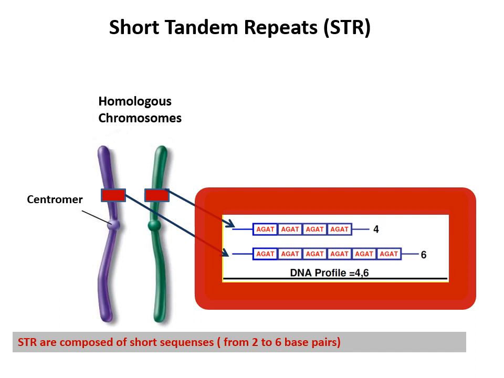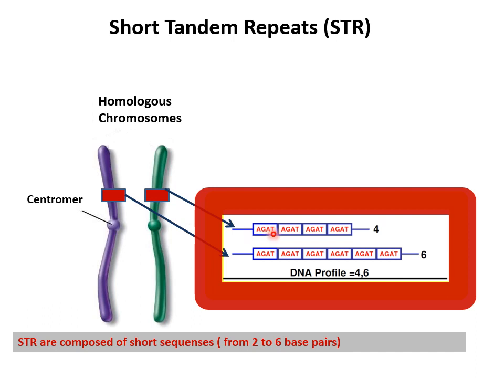On our chromosomes, in particular locations, there are sequences which are repeating, and they are called short tandem repeats, STRs as a shortcut. STRs are composed of short repeating sequences, which can be from 2 to 6 or 7 base pairs. And here you have an example, homologous chromosomes, a particular area, and in this area we have the repeated STR sequence.